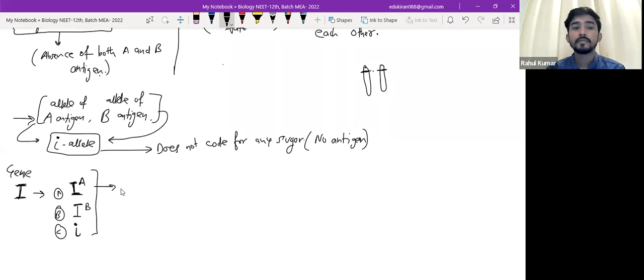But the next line is important. When both IA and IB alleles are present together, they both express their own sugars. In the bracket, write antigen. They both express their own sugars.